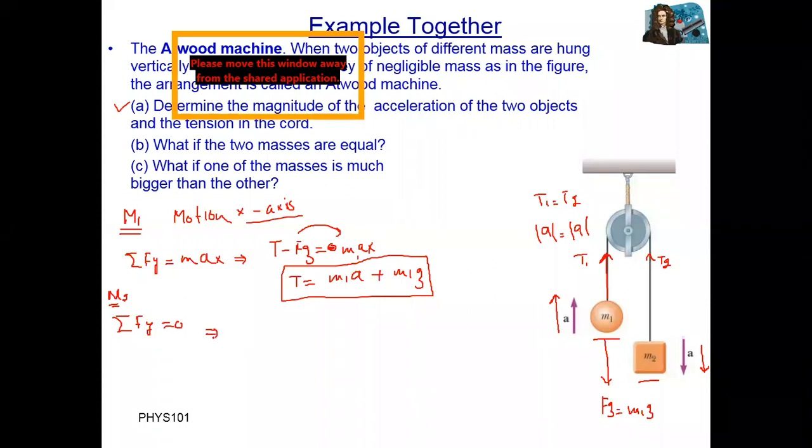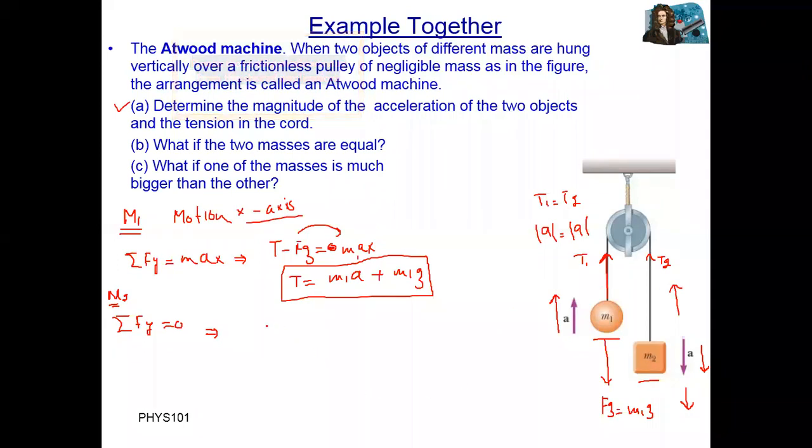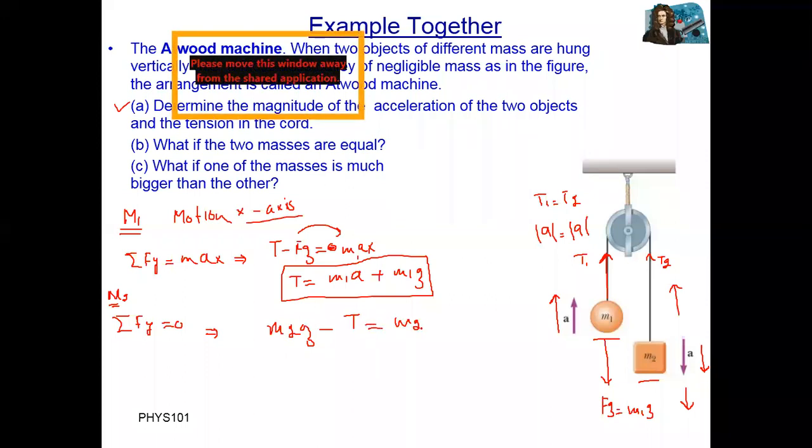There are again two forces: one is the downward gravitational force and one is the upward tension force. The body is moving downward, which means the gravitational force m2g is greater than the tension. So we can write m2g minus T equal to m2a, mass times acceleration.